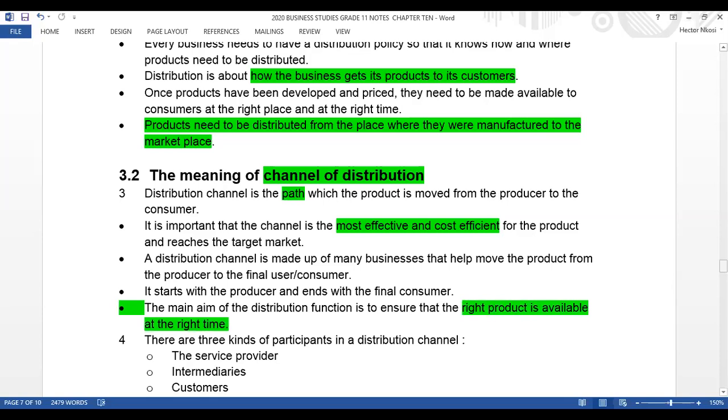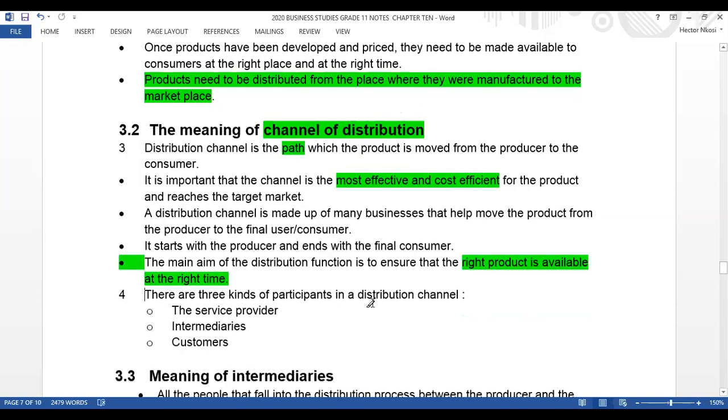Then, boys and girls, there are three kinds of participants in a distribution channel. Very important. Number one, we have a service provider, we have intermediaries, and we've got customers. Let me make an example.